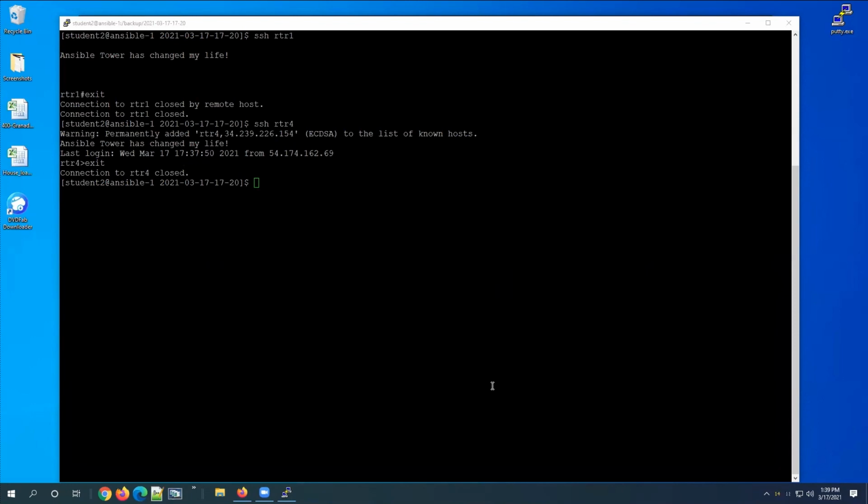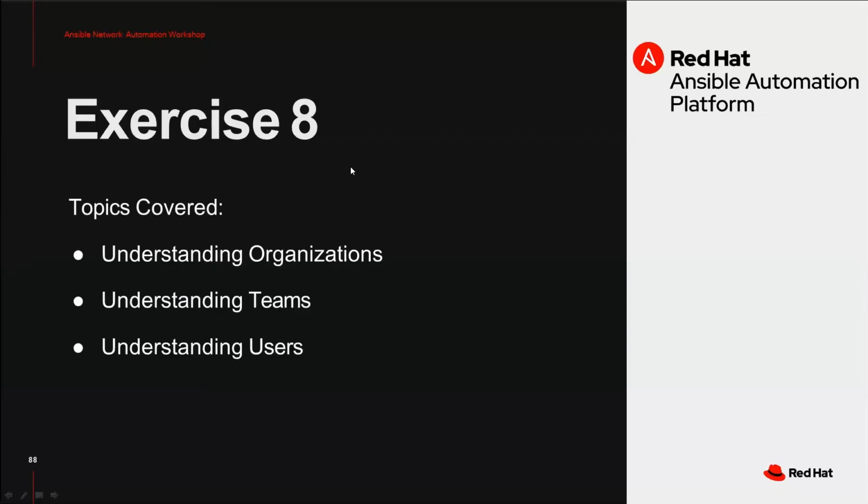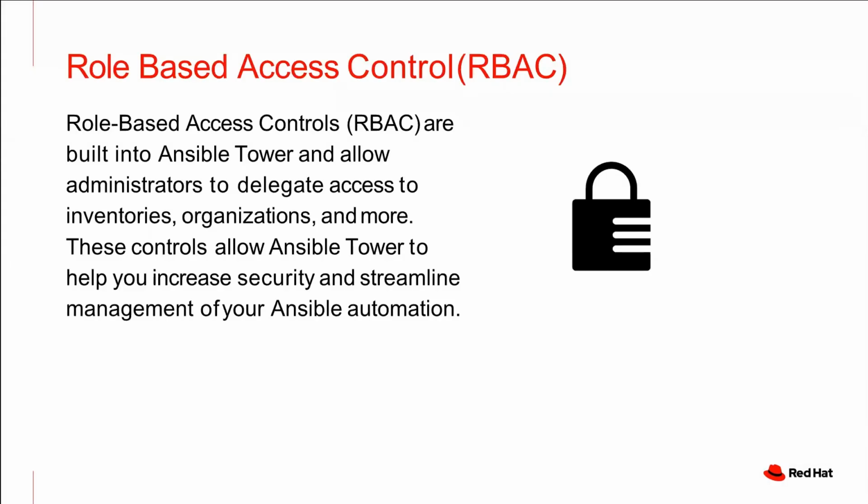All right. So we have 20 minutes left, so we really have like 10 minutes left. So I'm just going to go through exercise 8. It's really about understanding the role-based access control within Tower. So I don't know if we need to work through it. It's not too time consuming. It only takes about 10 or 15 minutes to go through.